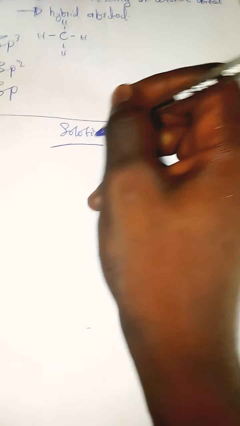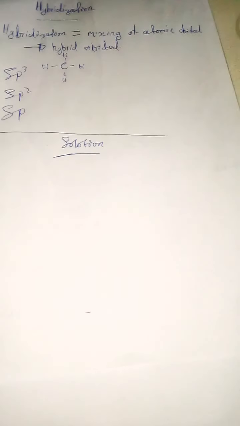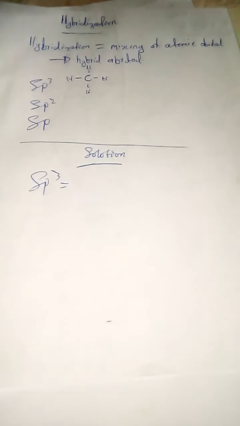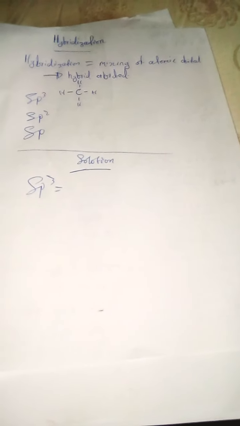So in the sp3 hybridization, let's put our solution. Solution here is not mathematics, but just put the solution. What happens in sp3 hybridization? When you hear sp3, we define hybridization as the mixing of atomic orbitals to give a new set of hybrid orbitals.